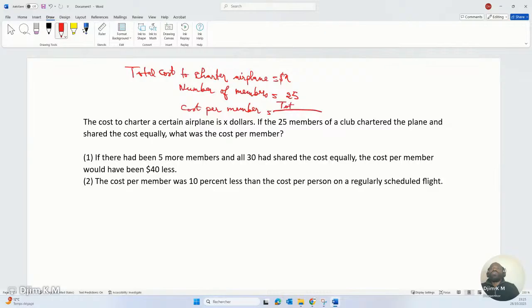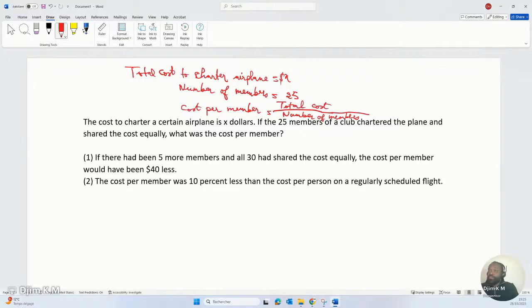So that will be total cost divided by the number of members. We have the number of members, but here we don't have the exact cost.